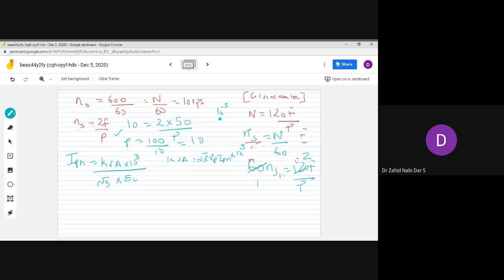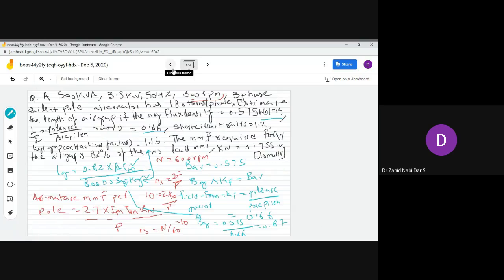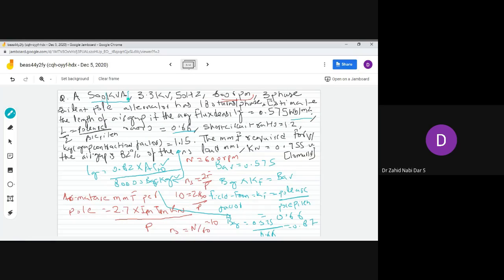Usually you will see 10 power minus 3. Why? Because our voltage is in V, so to go from V to kVA we have to multiply with 10 power minus 3. But here the value is already in kVA, 500 kVA.